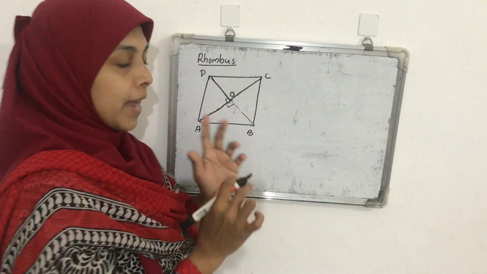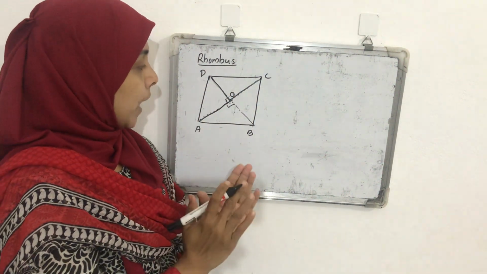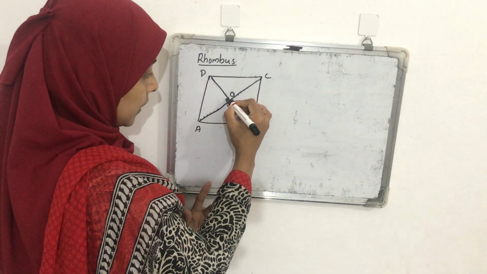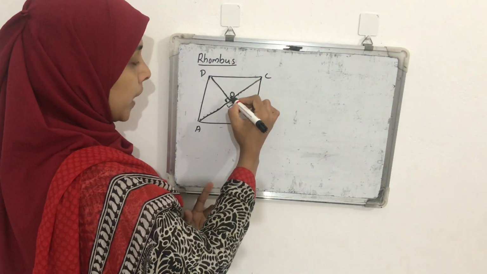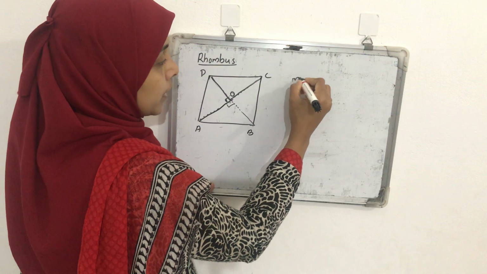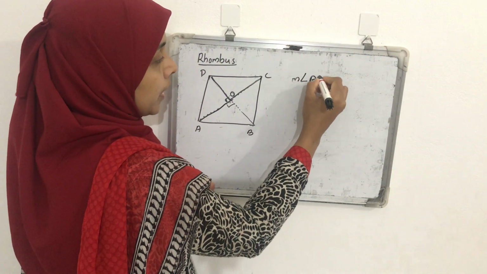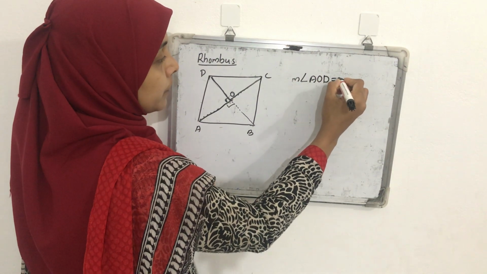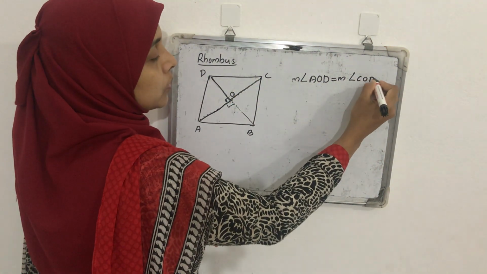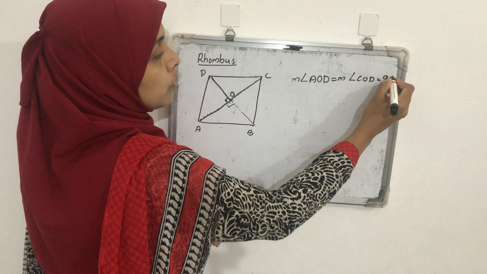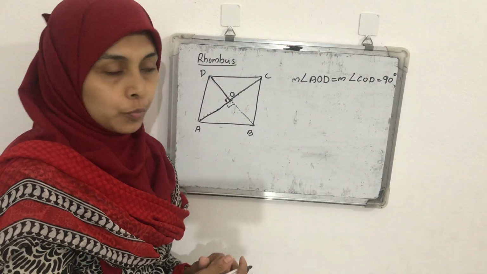With these two triangles we can prove that these two angles will be 90 degrees. That is, we want to prove that the measure of angle AOD is equal to the measure of angle COD, which is equal to 90 degrees.